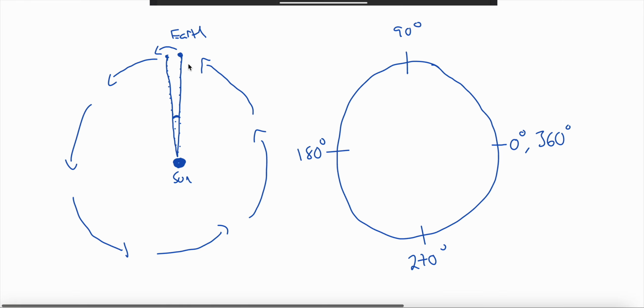If we use the circle as being 360 degrees, then for each day, the sun moves approximately 1 degree per day. And that would make things very convenient.